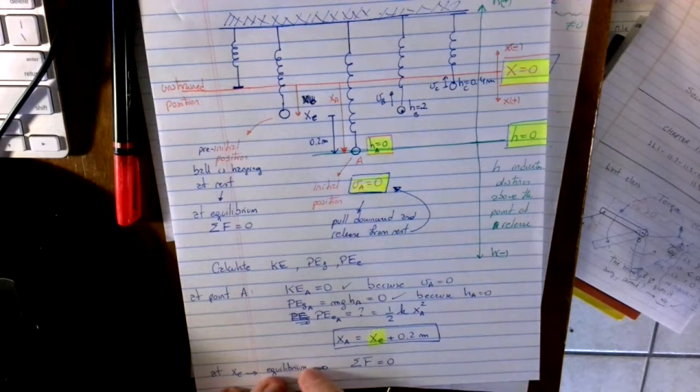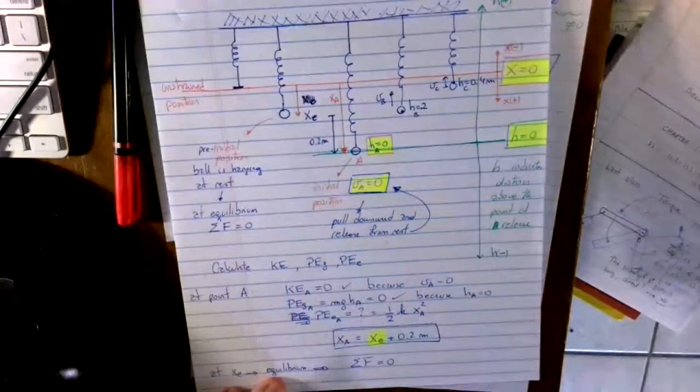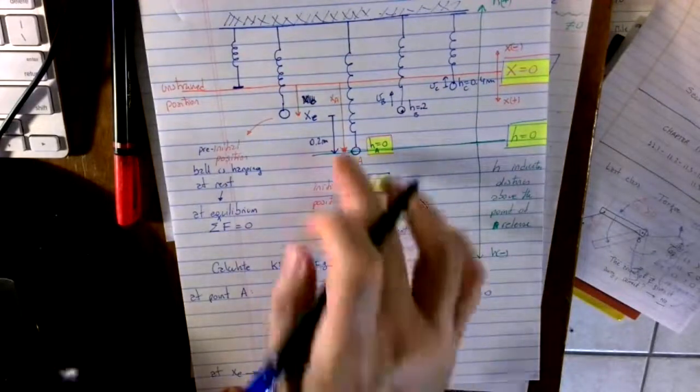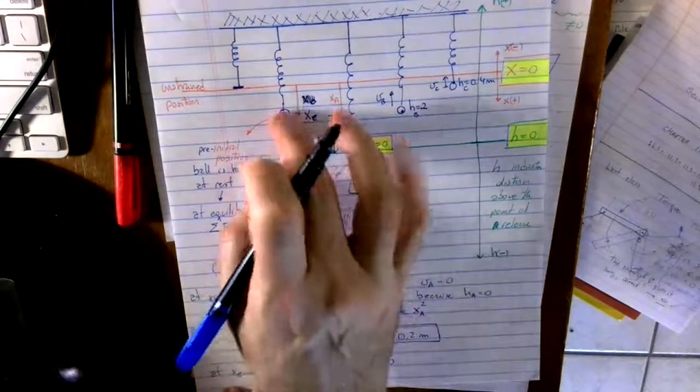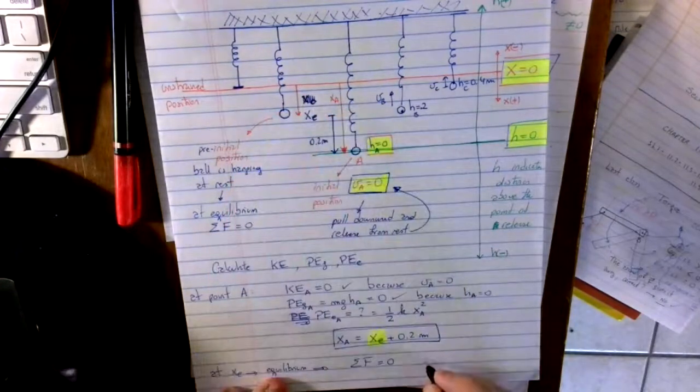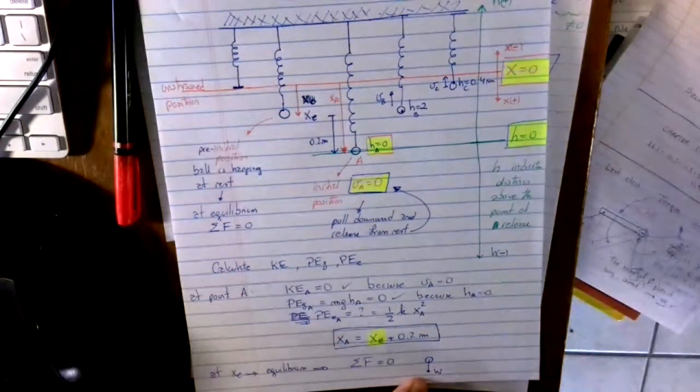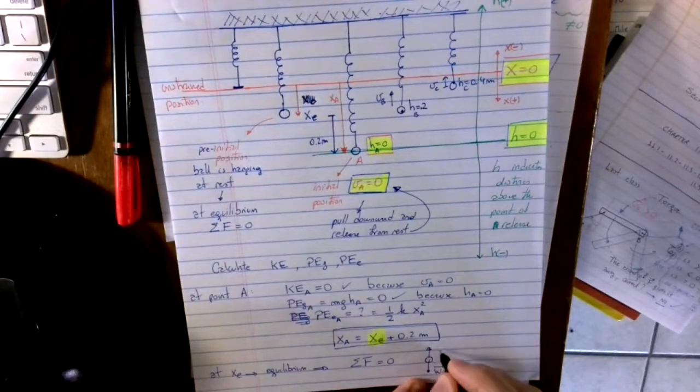One thing is to be at equilibrium, the other thing is to be at rest, holding it with a force. In a sense, at rest is always at equilibrium, but you have to add the force that you are using to hold the mass at this point. Here, nobody's holding anything. So if you use the free body diagram, there is a force down, which is the weight, and a force up, which is the elastic force.